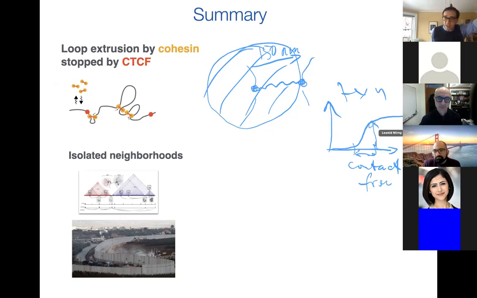And I think they're both right. What I'm arguing is that this is part of the picture. In reality, maybe contact frequency can also have a much bigger dynamic range than what we're seeing in Hi-C. It's more than twofold. It might be like 10, 20-fold. And it's very localized. And yes, transcription then would respond the way transcription responds, depending on transcription factors and stuff like that. That I'm totally on board with.